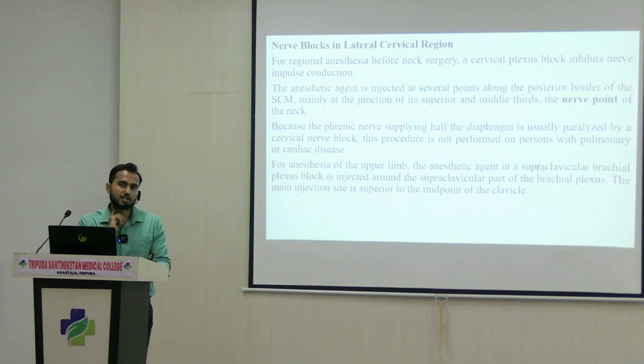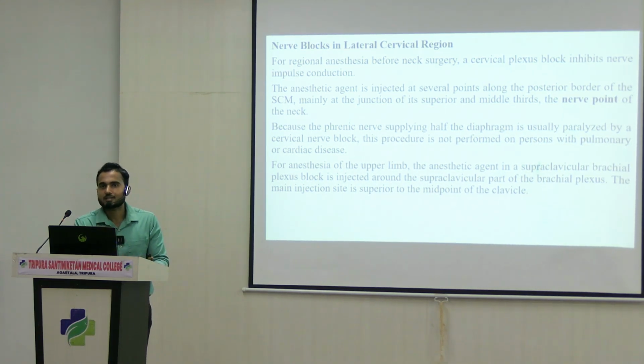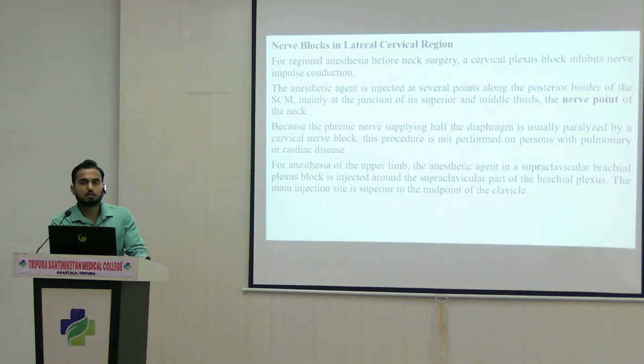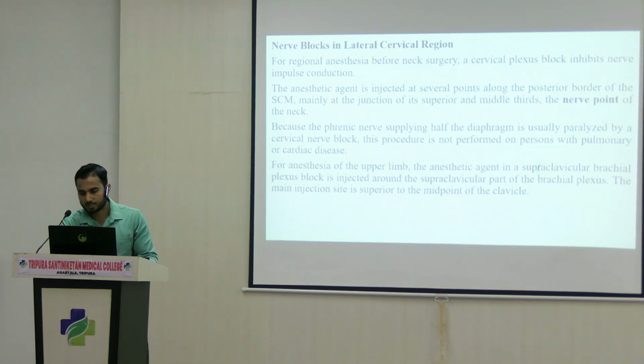तो जो sternocleidomastoid muscle है, उसका जो posterior border है, posterior border का superior third and middle third, that particular area is also called the nerve point. So in that particular area the anesthetic agents are introduced before doing any surgery. Now there is a contraindication if any person is suffering from pulmonary or cardiac disease.